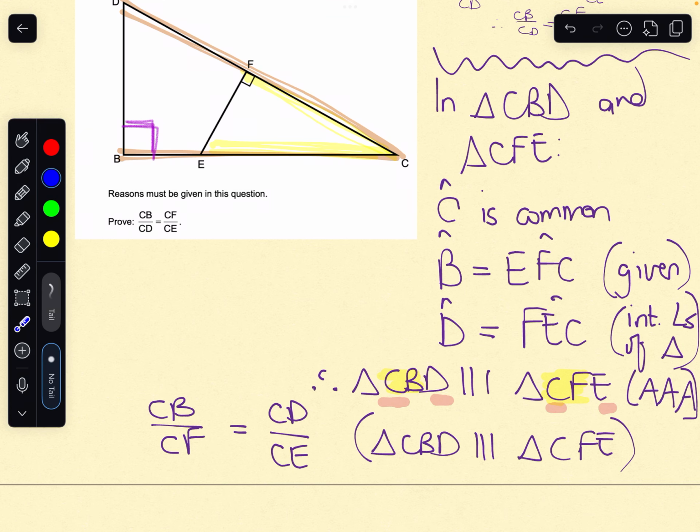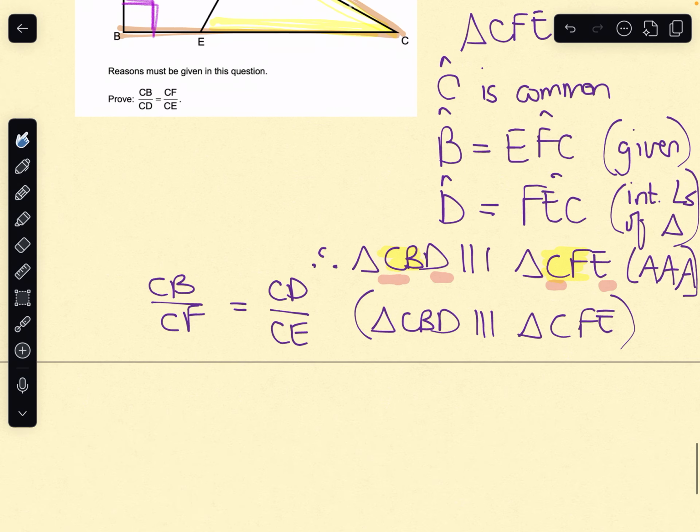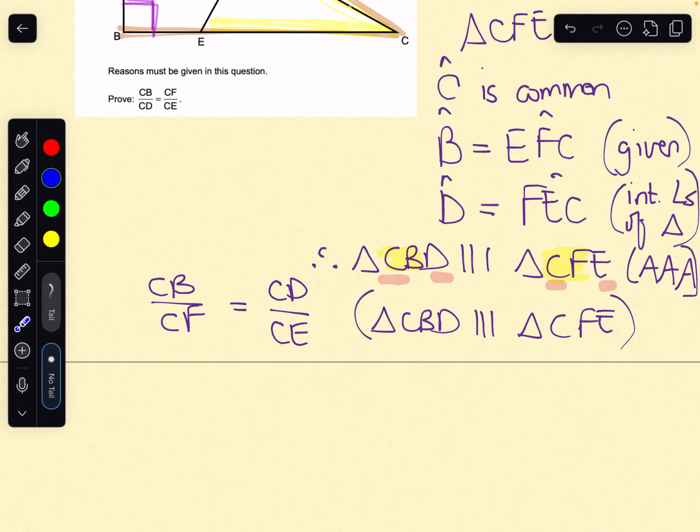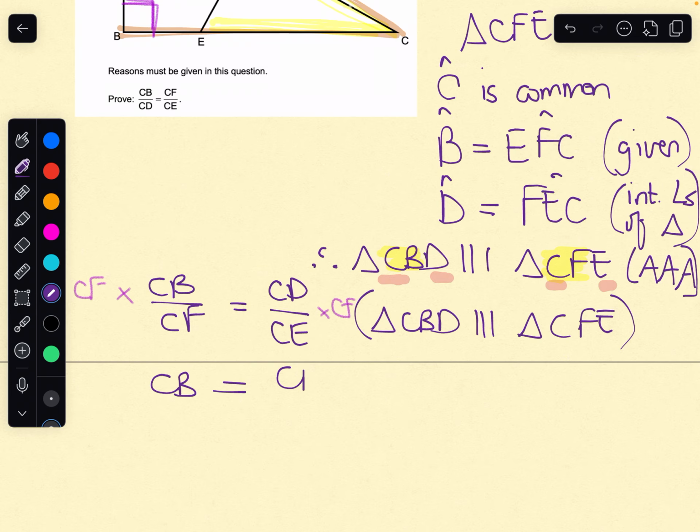They're not in the right place, so we just need to rearrange, do a bit of manipulation to rearrange. So I want CF up here, so I'm going to times both sides by CF. Okay, so we've got CB is equal to CD times CF over CE.